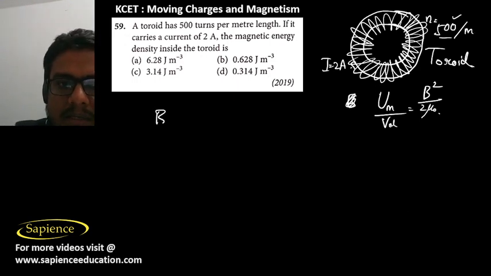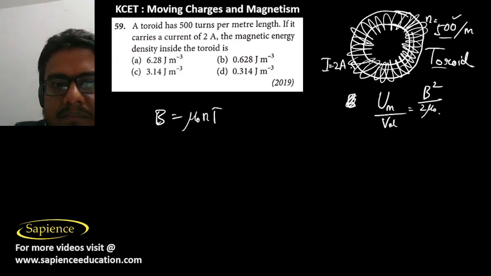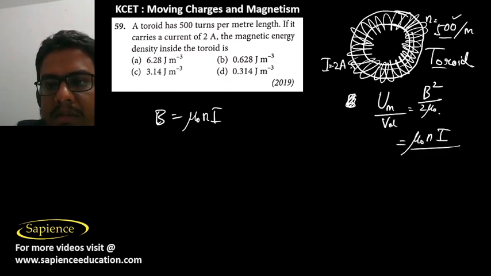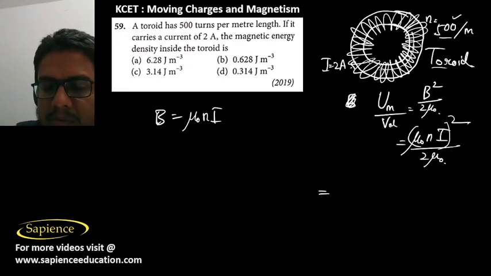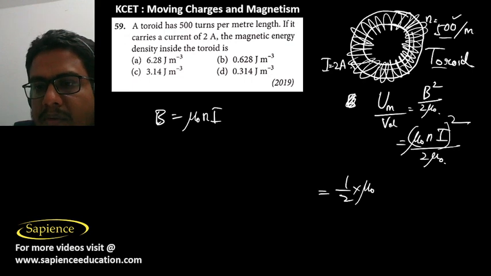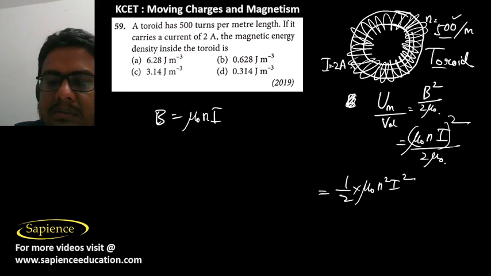The magnetic field inside the toroid is mu naught into N I. So this will be mu naught into N I whole square by 2 mu naught, so this will be half into mu naught n square I square.